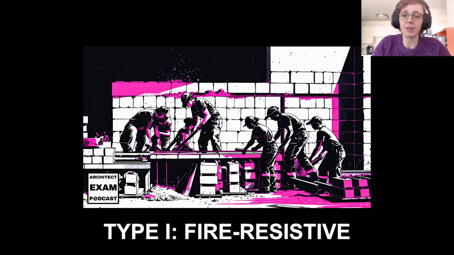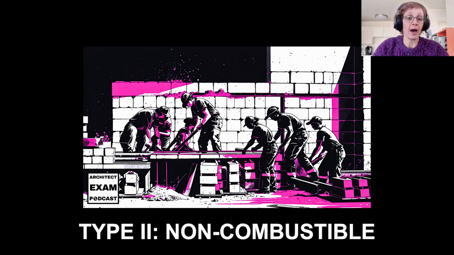So it's going to be a less expensive option. And so we do have to do our due diligence towards our client and not go with just the most stringent because we can do anything. We look at our requirements, we look at the occupancy, and then from there we select our construction type.